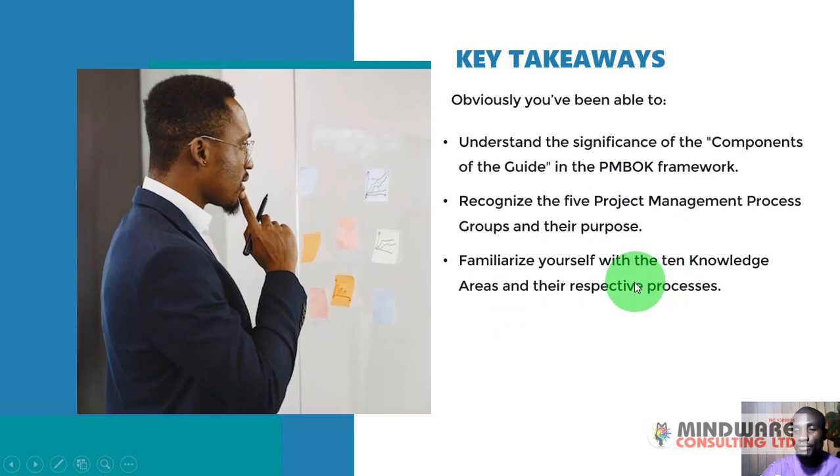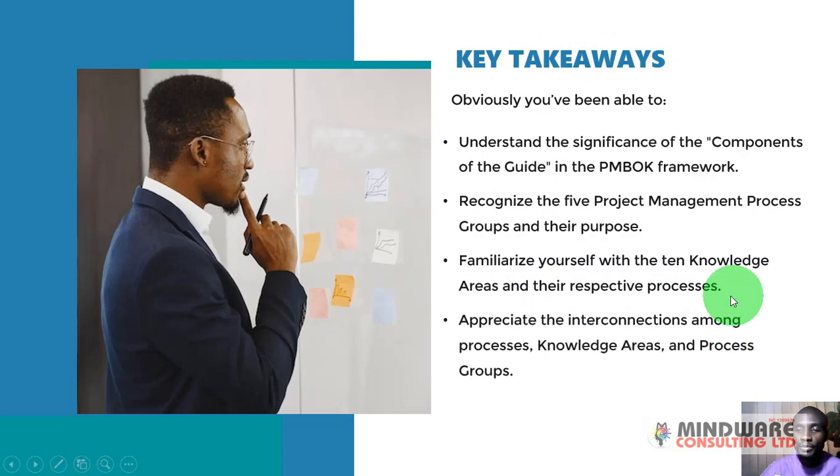You've also been able to familiarize yourself with the 10 knowledge areas and their respective processes, and now you appreciate the interconnections among the processes, knowledge areas, and the process groups.